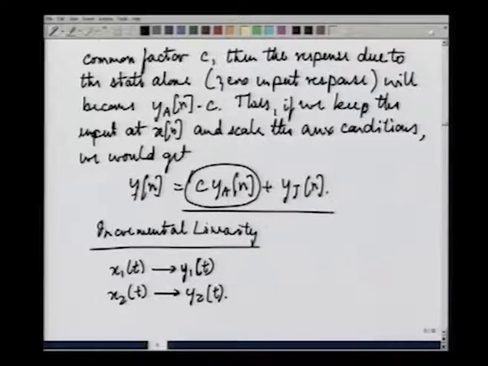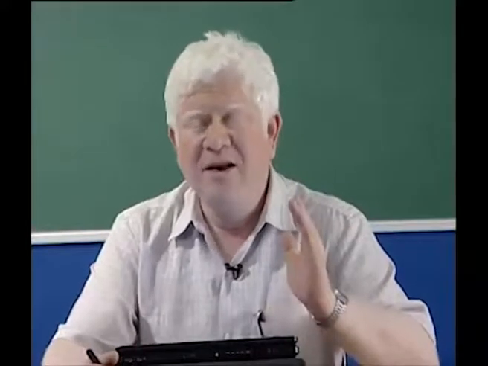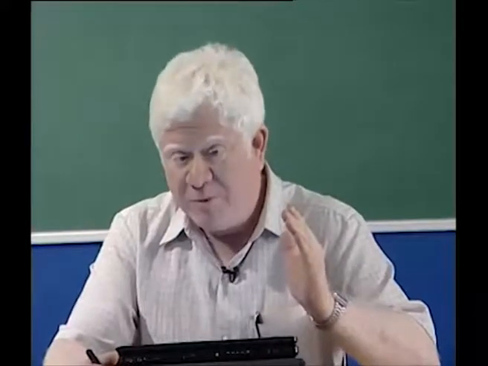What they claim is this: let us not look at whether the output y1(t) or y2(t) is linear with respect to the input x1(t) or x2(t). Let us instead ask whether the difference between y2(t) and y1(t) is linear with respect to the difference between x2(t) and x1(t). This is a very interesting way of posing the problem.